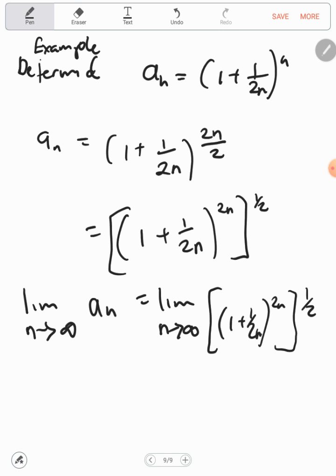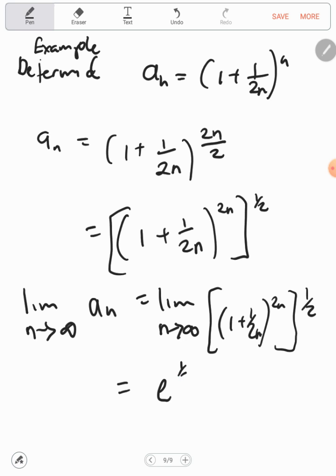We can take the limit inside there, and the limit of (1 + 1/(2n))^(2n), we know it's exponential.